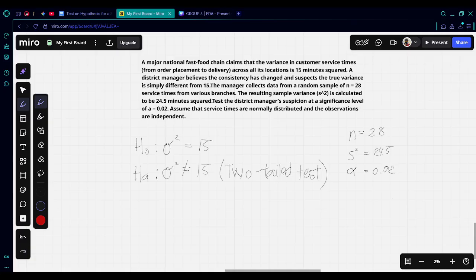So it means it is not equal to 15. So we can conclude that this is a two-tailed test.